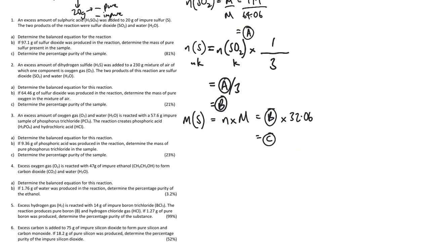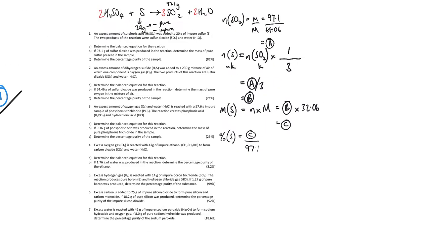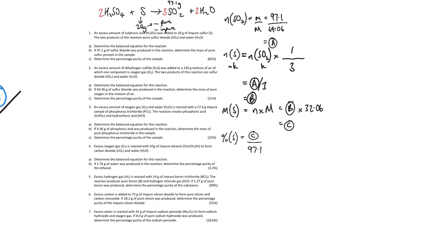And then the percentage purity, so the percentage of sulfur will be equal to C over, no, it's not the 97.1. What number should I use? The 20, good. Then times that by 100 to get the percentage, which we'll call D, which will be equal to 81%.